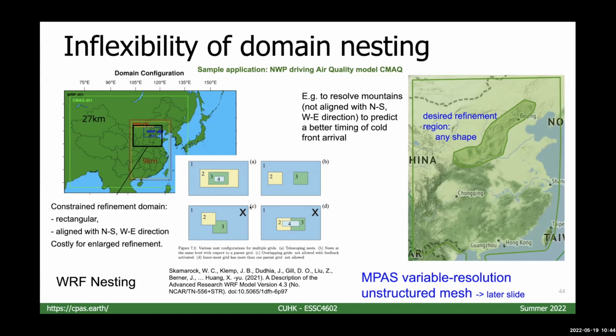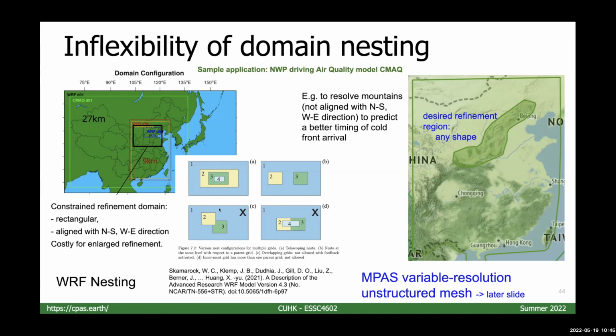However, for C, if the 2 rectangular domains overlap, it is not okay. You cannot have this configuration when you use WRF. And also some scenario like you need the higher resolution domain number 4 to be overlapping with domain 2 and 3. This is also not okay.